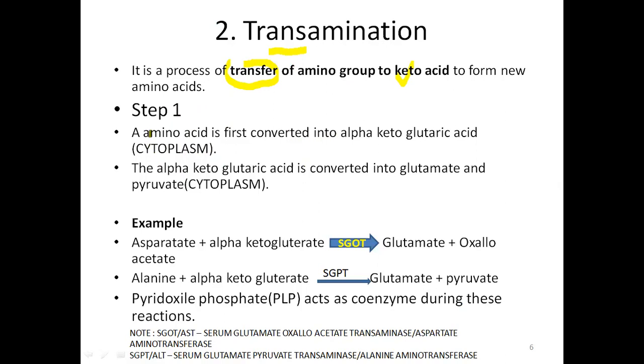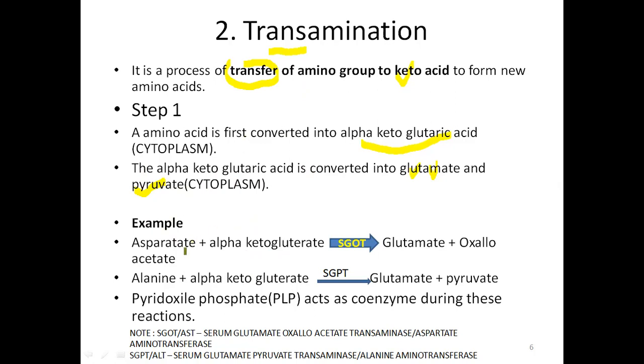Number one, an amino acid is converted using alpha ketoglutarate, which is converted into glutamate and pyruvate. Of these two molecules formed during the transamination reaction, pyruvate enters the Krebs cycle, and glutamate in the liver mitochondria undergoes degradation, forming ammonia.